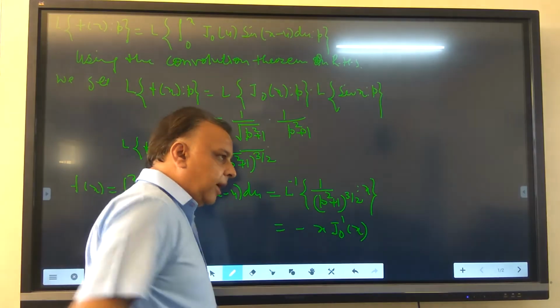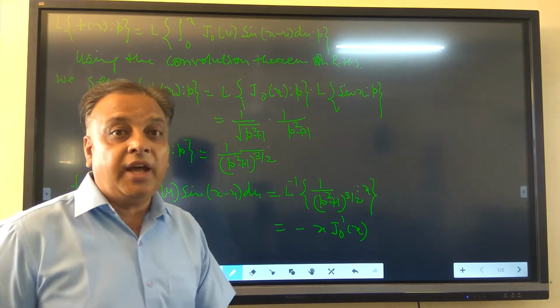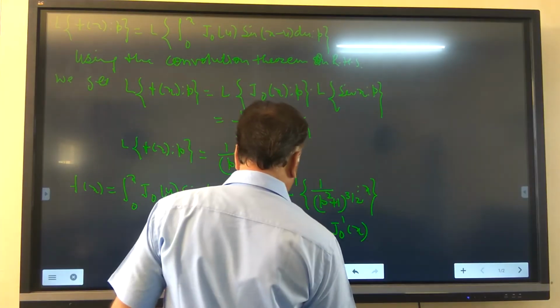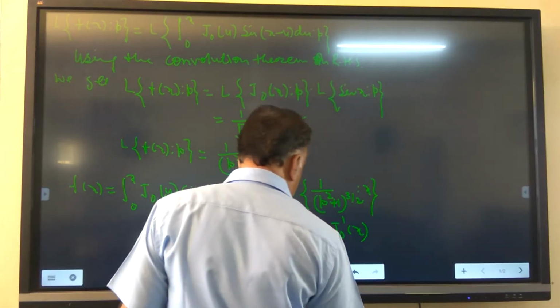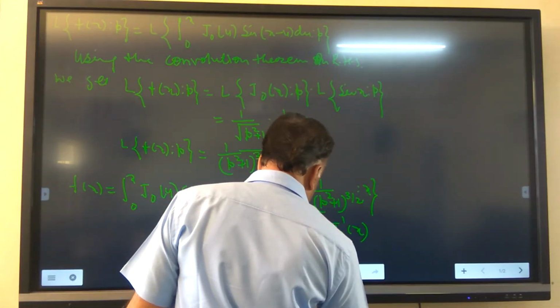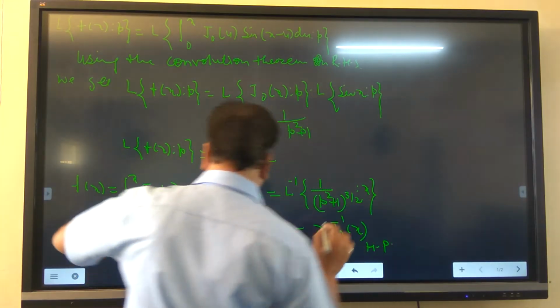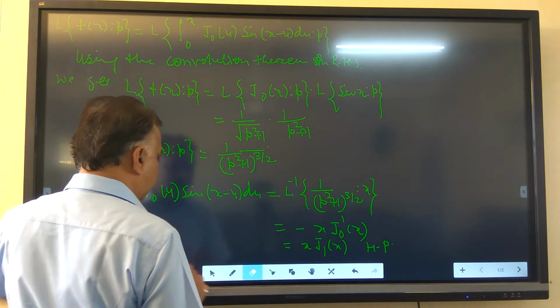And we know by the recurrence relation of the Bessel function that minus J0'(x) is equal to J1(x). So this is equal to x J1(x), which is the required result. Here we have used the recurrence relation for the Bessel function.